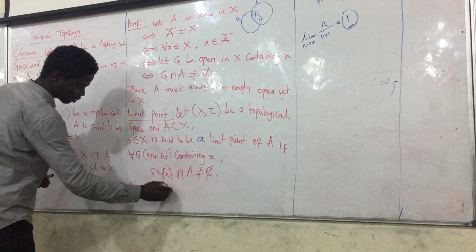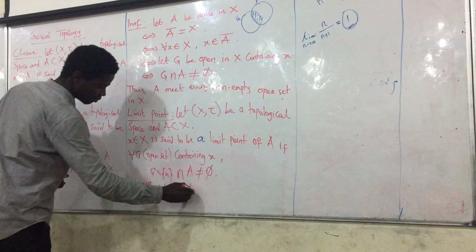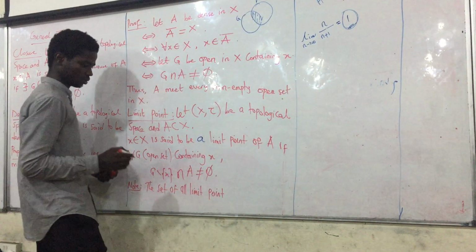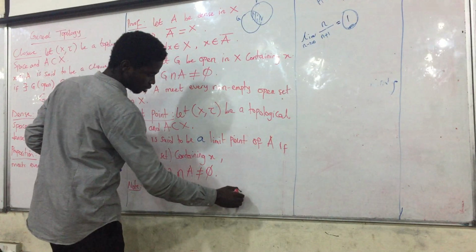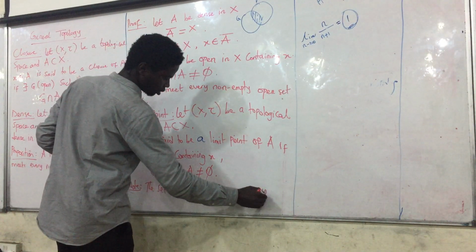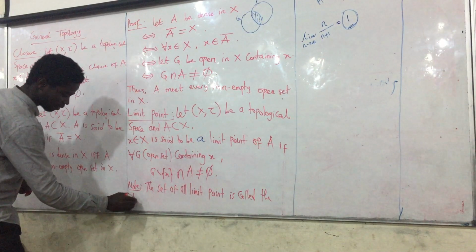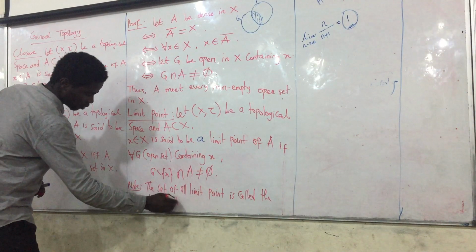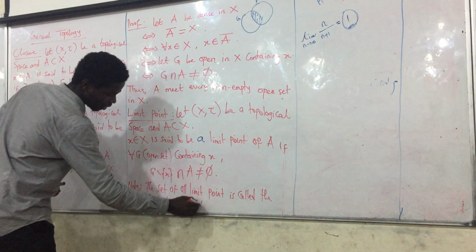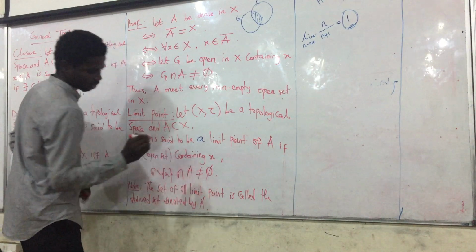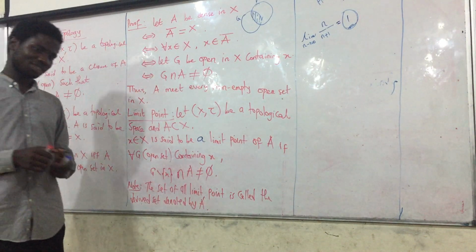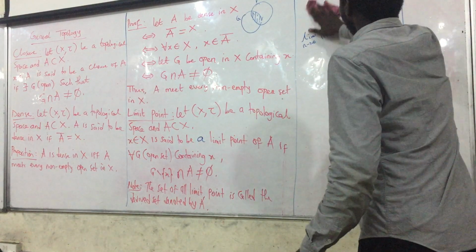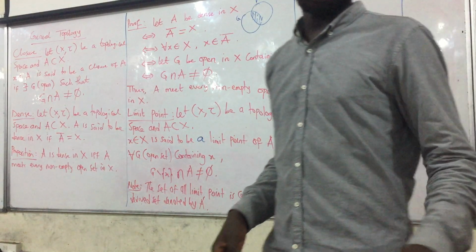The set of all limit points is called the derived set, denoted by what? This is how they write it.